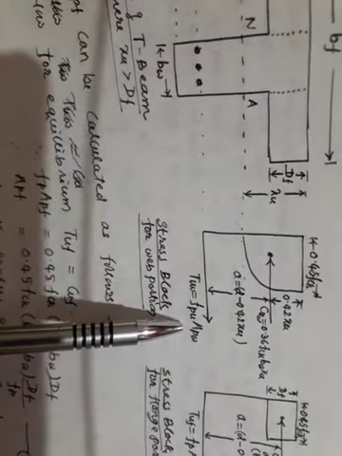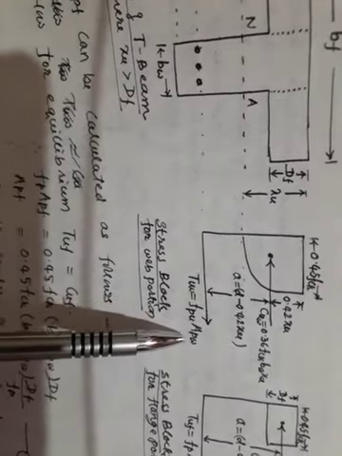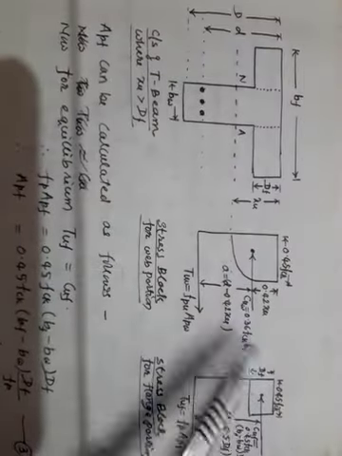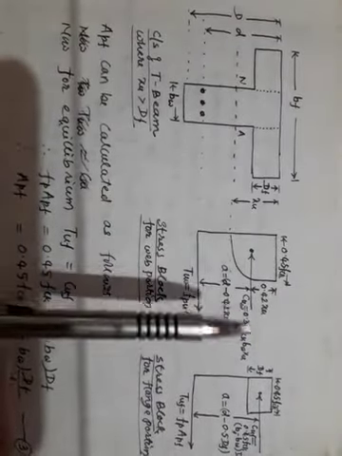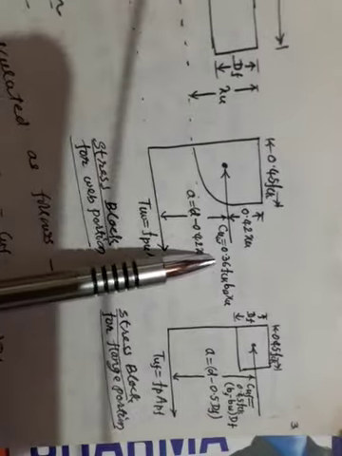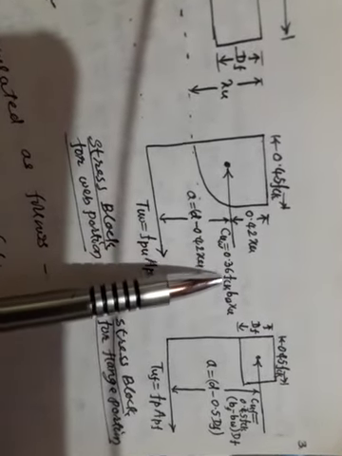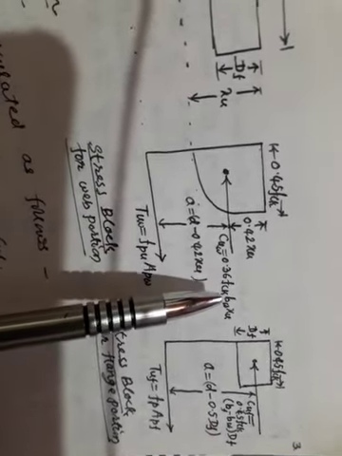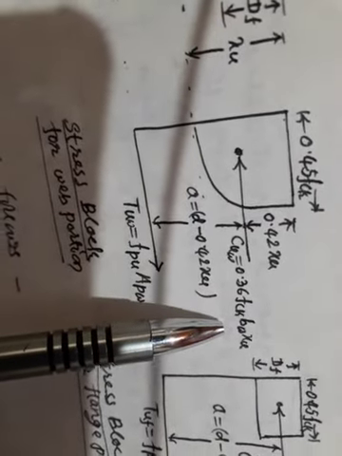APW means the steel required for the web portion. Similarly I want to find the CU force. CU force can be written as usual. The average stress is 0.36 FCK, and it is acting on an area of BW into XU.